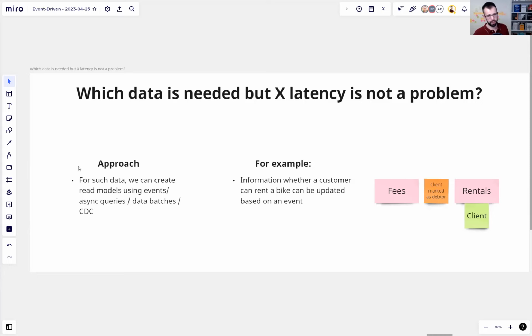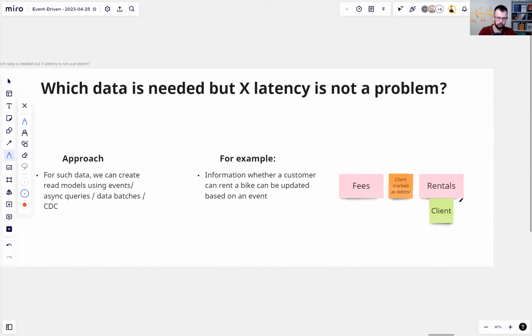For those cases, we can create read models using events, async queries, data batches, CDC, different types of solutions to create a particular read model in our module that will use this data to fulfill business needs and carry out the business validation. For example, we can do that when checking whether the client is marked as a debtor.